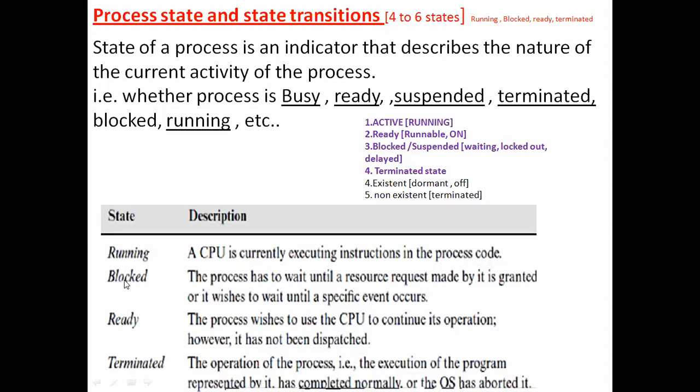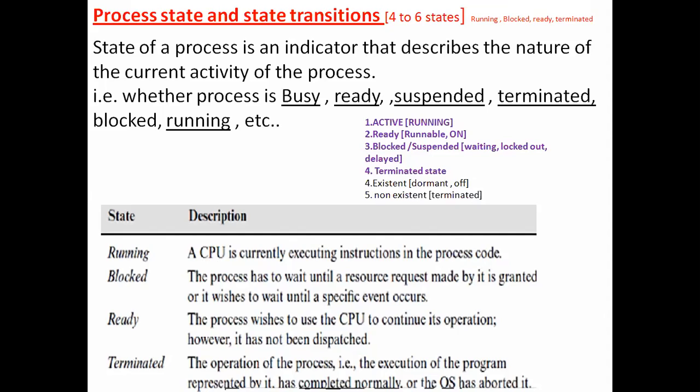So next, coming to the blocked state. This blocked state comes into the picture whenever the process requests a resource from the operating system, and if the resource is not currently available, then the process must wait until the resource is free. Until that, the process is said to be in the blocked state.